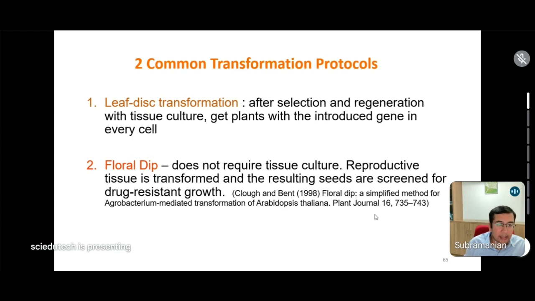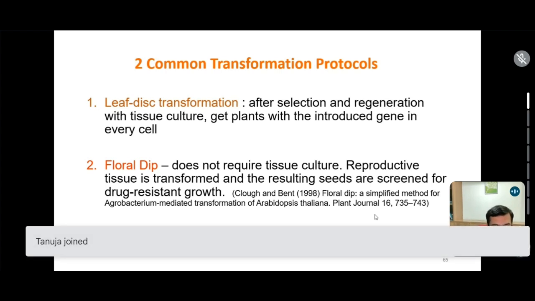In case of plants like Arabidopsis thaliana, you can use the floral dip technique, which does not require tissue culture. In this, you dip the plants, that is the flowers, into the Agrobacterium-containing solution. So reproductive tissue is transformed and the resulting seeds are screened for drug resistant growth.